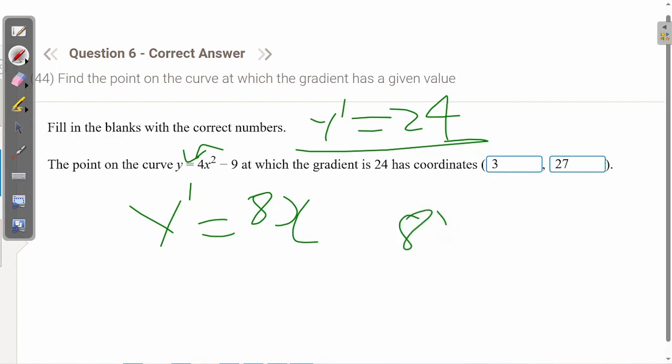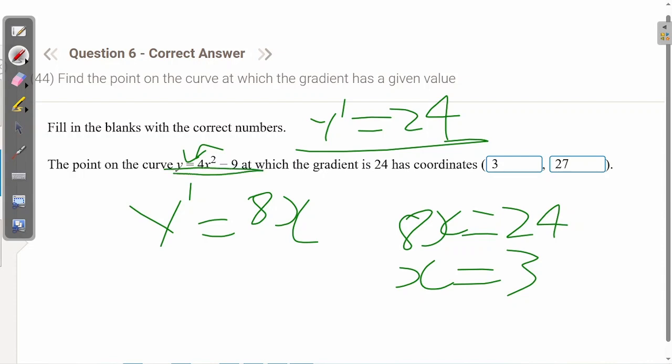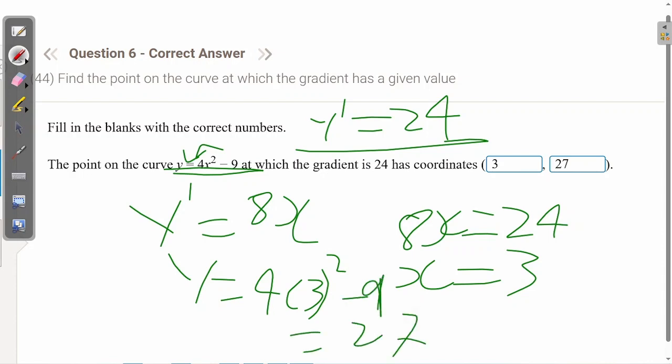So we do 8x is equal to 24. x is equal to 3. We found that x is equal to 3. Now to find the y, we substitute it in here. So y is equal to 4(3)² - 9, which is equal to 27.